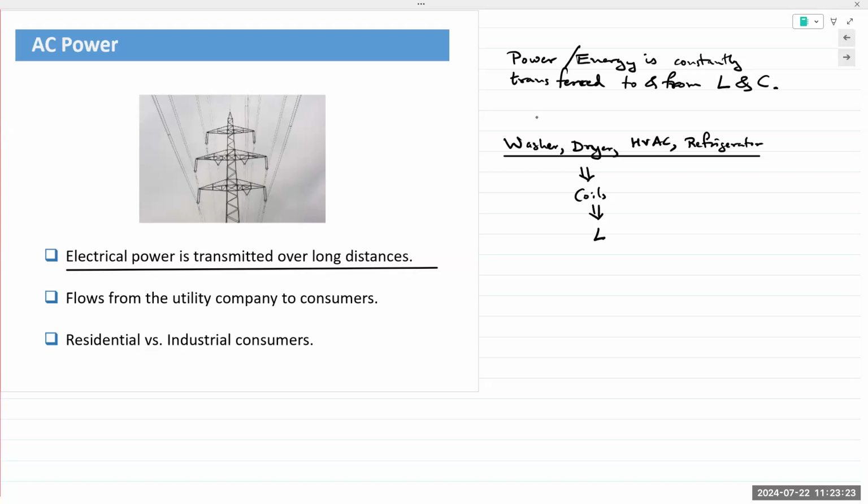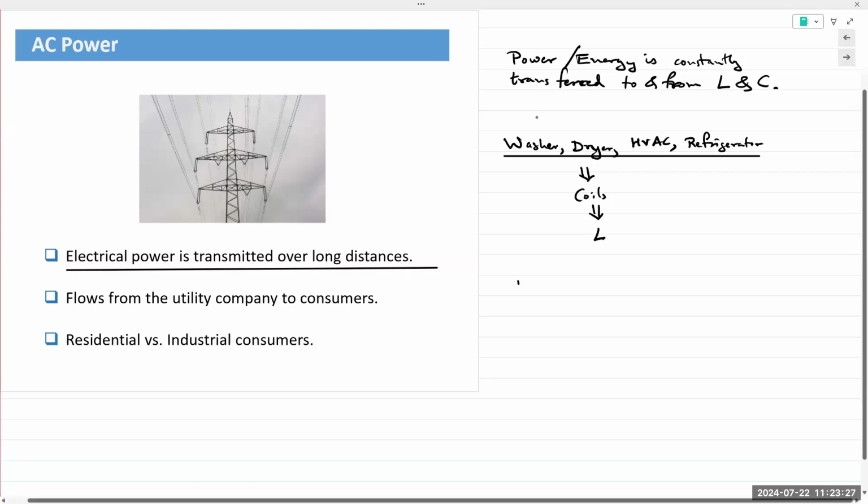So when an inductor stores energy in the magnetic field, in the reactance, the power associated with reactance is known as reactive power.